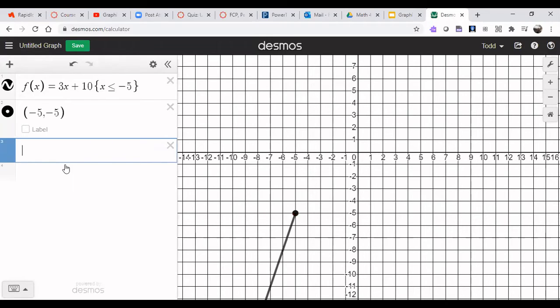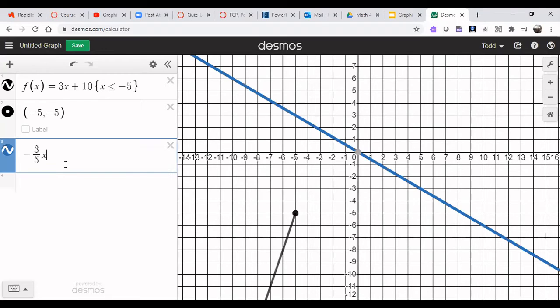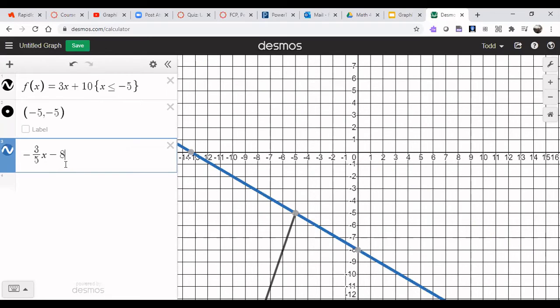The other one was -3/5 x minus 8 when x is greater than, oops, -5. There you go.